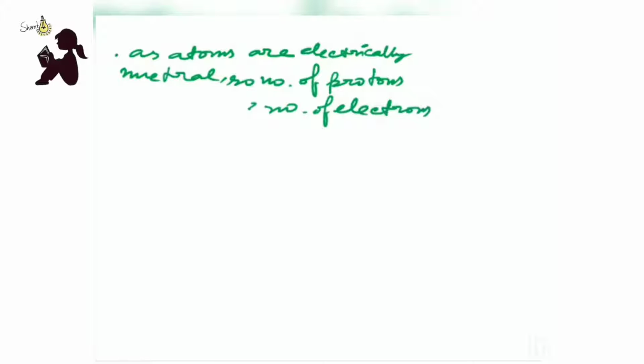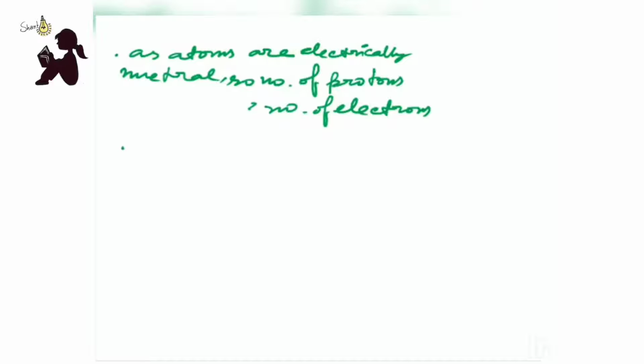Let's see some examples here. So from this conclusion, what do we get? If we can conclude the proton number, we can get the electron number of an atom, or if we conclude electron number, we can get the proton number of an atom.